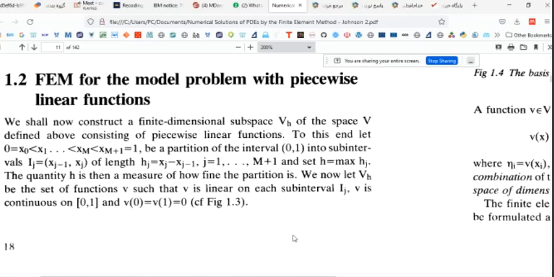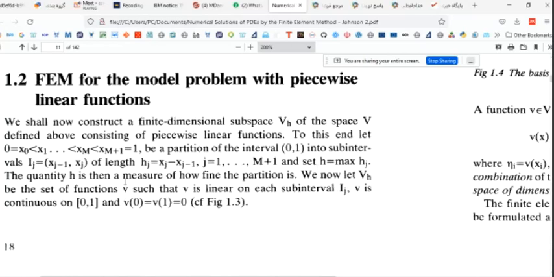We divide the interval 0, 1 into subintervals I_j as the intervals (x(j-1), xj) with length h_j, the difference xj minus x(j-1), and j is from 1 to n plus 1, and h as the maximum of h_j is the norm of this partition.